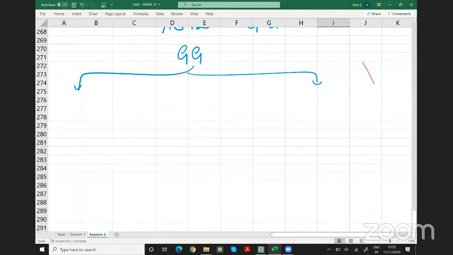One is capital, one is revenue. So we will term this as my capital approach. This will be my revenue approach. And this will be further bifurcated into two parts.